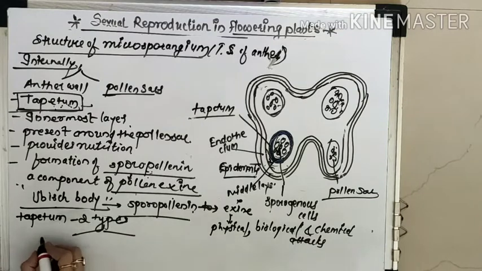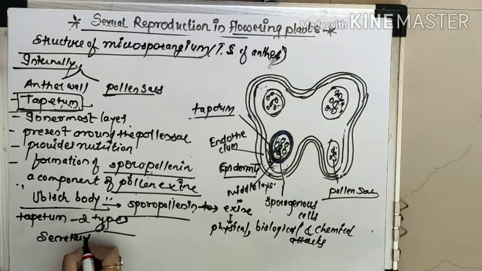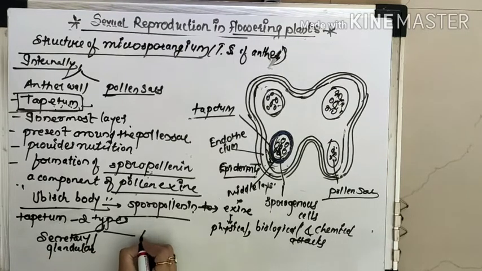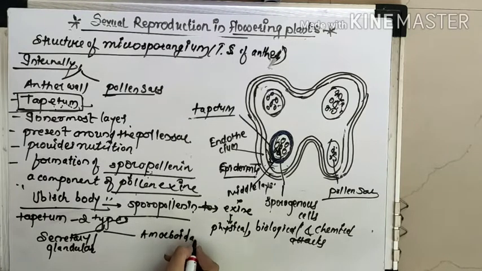One is called secretory or glandular septum, and second is called amoeboidal, or periplasmodial.